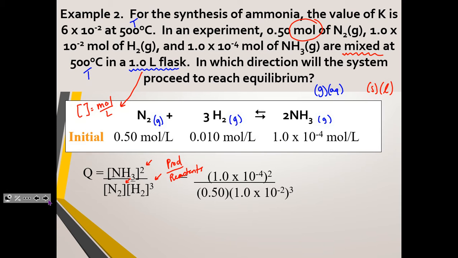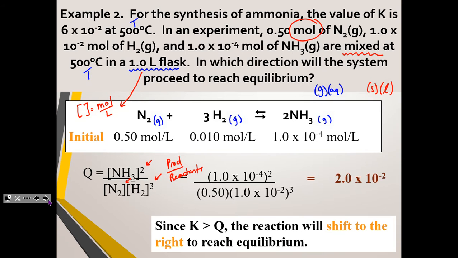When we plug in our initial concentrations and solve, we get a value of 2 times 10 to the negative 2. Now remember, units we could calculate, but they're not necessary. The value of Q is what is important to us.